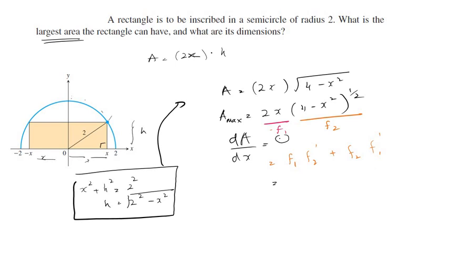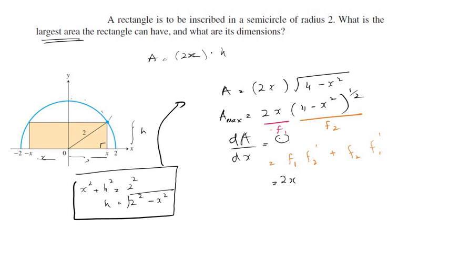So let me do this again. For the derivative of the function f1, we first write the function f1 as it is, so we say 2x, and then we get the derivative of f2.